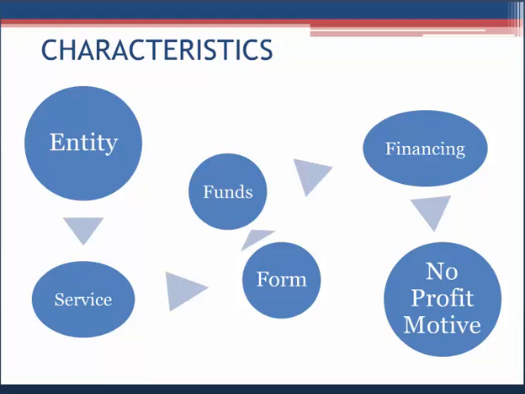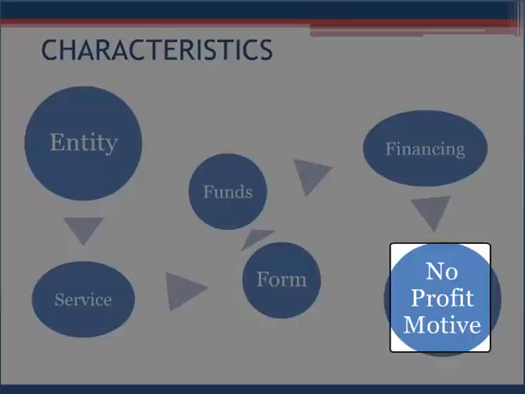And let's not forget, the most important part of an NPO is no profit motive. I would again like to remind you guys, don't misinterpret me. I don't say they don't make profit. I say they don't intend to make a profit. Even when I say don't intend, it means the basic objective in their mind is to provide a service, not to make a profit. Are you understanding it, guys? Perfect.